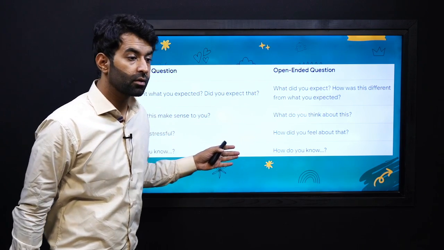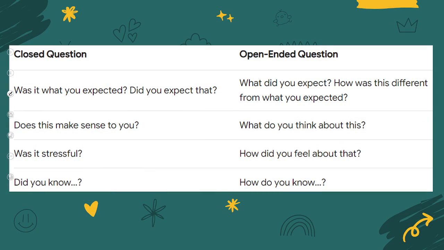Let's understand these questions. Closed questions are questions like, Was it what you expected? Did you expect that? The answer can be in the form of yes or no. Same goes with these questions. But open-ended questions are checking your understanding and allowing you to share your experience and comprehension.